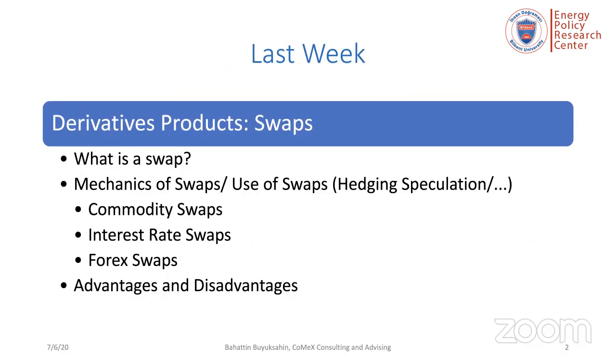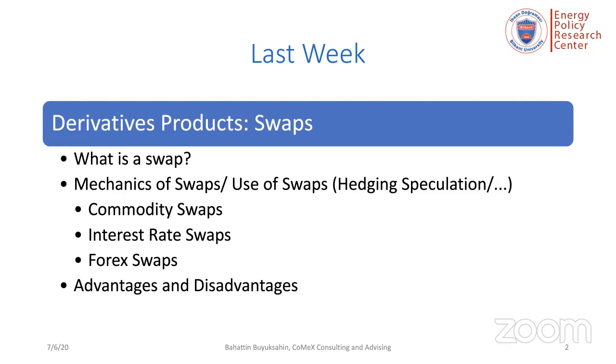Last week, I talked about the third building block of derivatives, so-called swaps. We define swaps as agreements between two parties to exchange cash flows in the future according to a pre-arranged formula. Swaps, therefore, may be regarded as a portfolio of forward contracts.